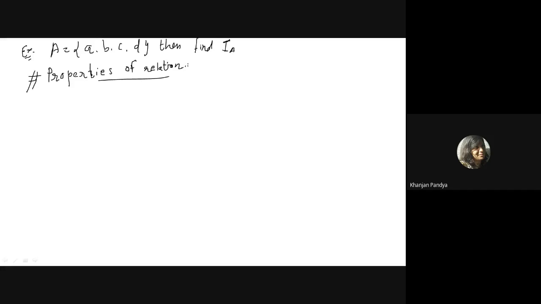So the first property is reflexive relation. So write it down. Reflexive relation. This is reflexive.